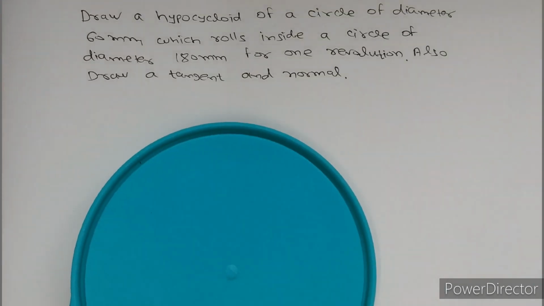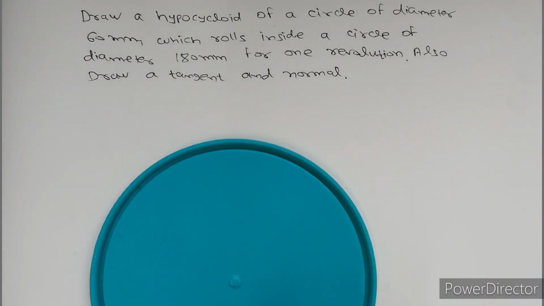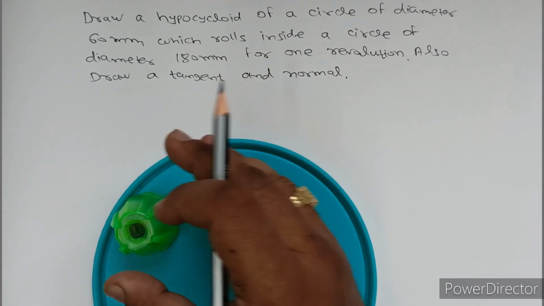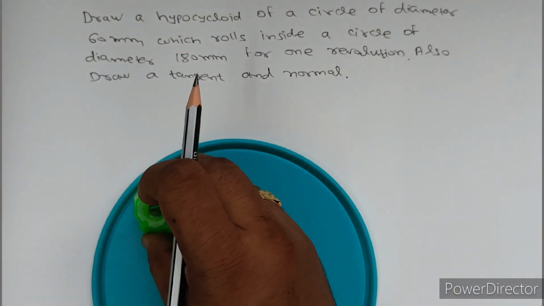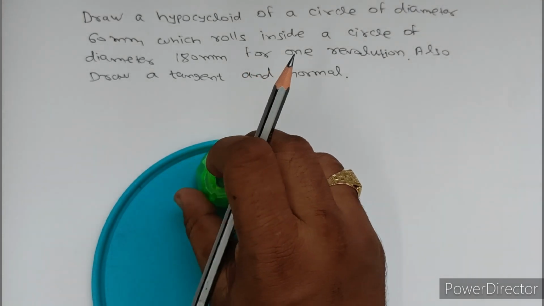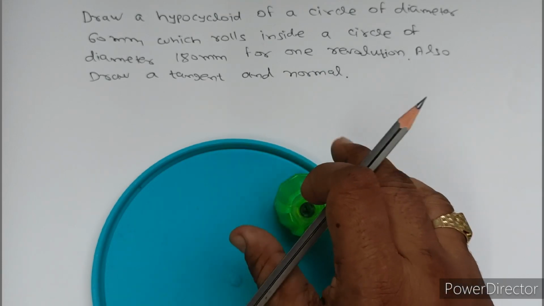Okay students, so in this video, suppose this is the circle and you have to draw the hypocycloid. This is another circle which is inside the first circle. Now the circle is rotated like this, clear? So it will create the hypocycloid for one revolution.